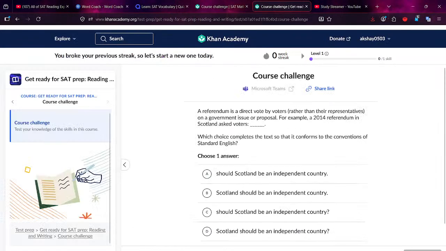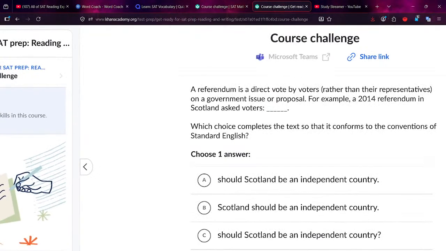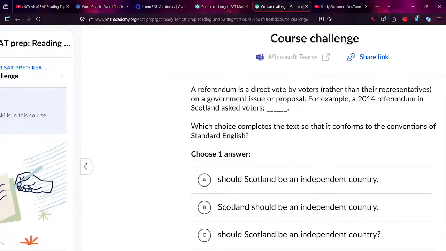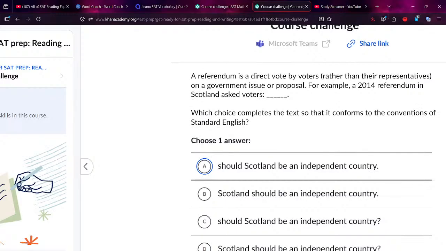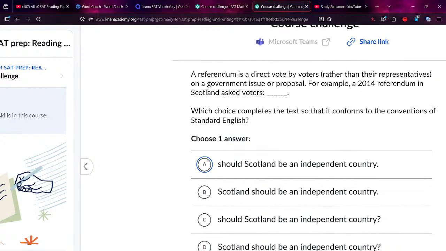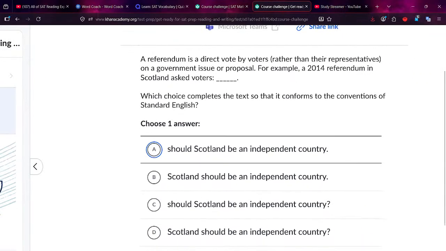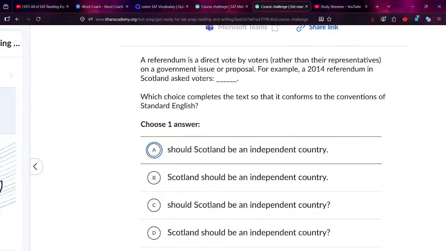Alright. A referendum is a direct vote by voters. For example, a 2014 referendum in Scotland asked voters, which choice completes the text so it conforms to the conventions of standard English? Okay, so Scotland asked voters.